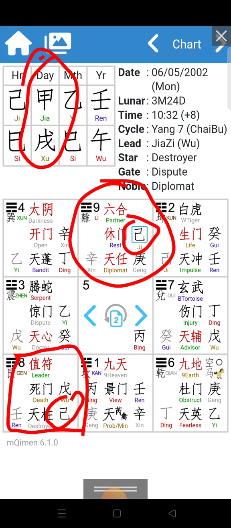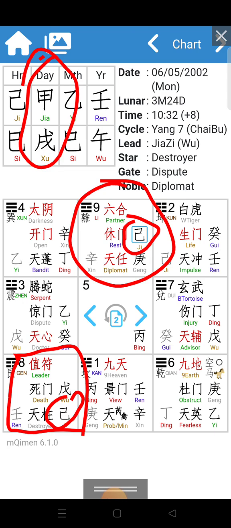And diplomat is somebody who, when he works, is willing to be hardworking. The good thing about this diplomat is that it helps the rest. Originally he was supposed to be a rest and lazy person, but this diplomat counters this. So there's a balancing off.